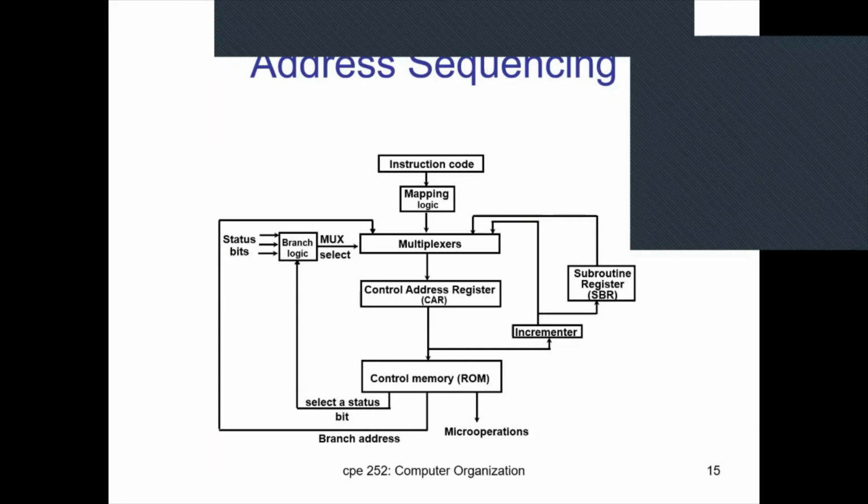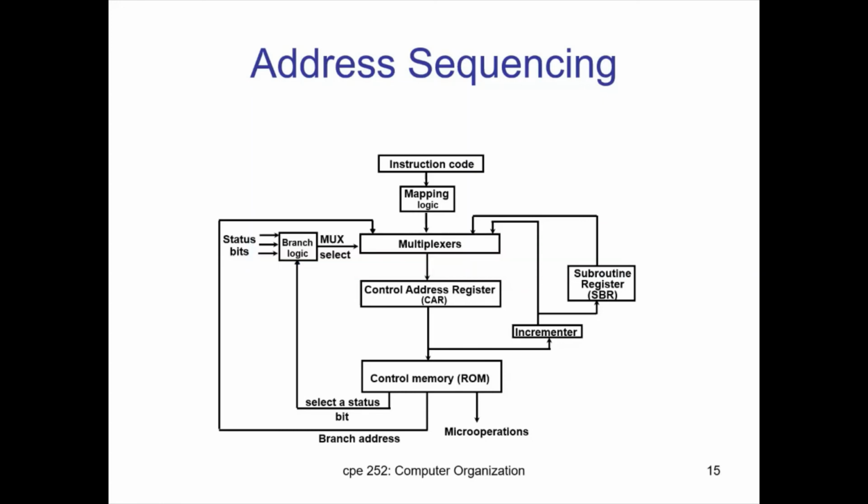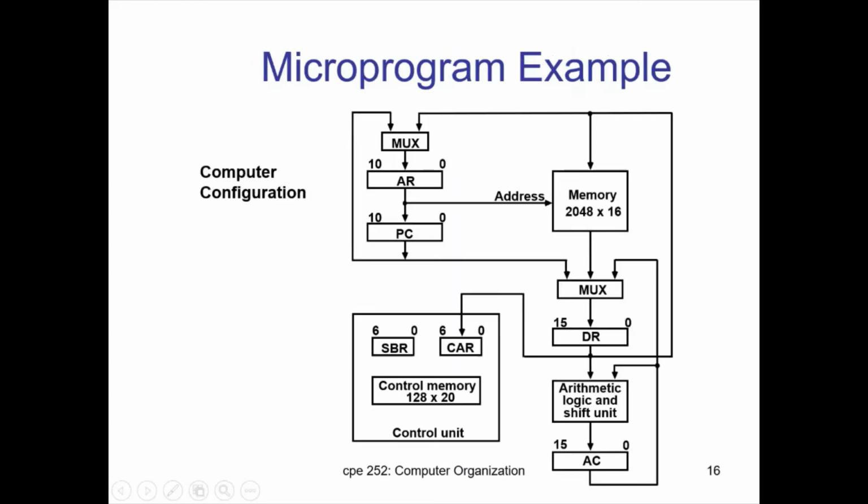The ROM will have all the instructions, which are called micro operations. These micro operations have all the facilities to execute the data. This is called address sequencing, executing the data one by one. So this is a complete architecture for a microprogram.